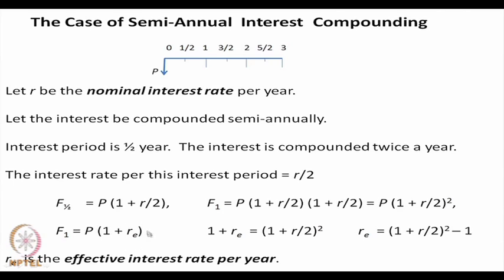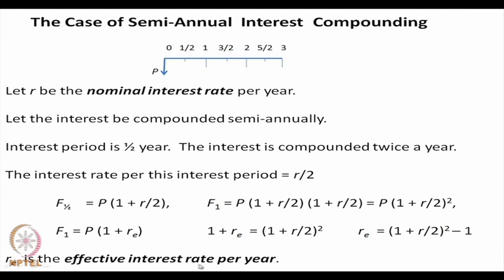Therefore, 1 plus RE will be equal to 1 plus R by 2 whole square. That is what we have written here. 1 plus RE is equal to 1 plus R by 2 whole square. That now defines RE as equal to 1 plus R by 2 whole square minus 1. So, you can see that this RE is greater than R.